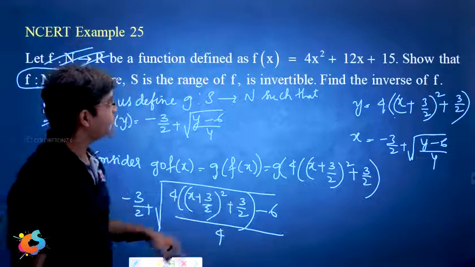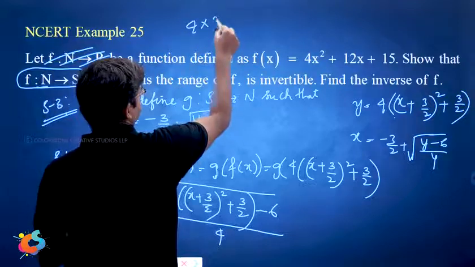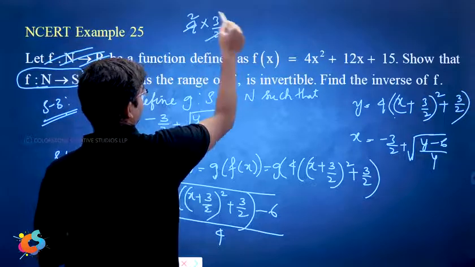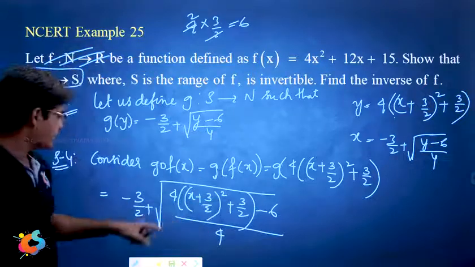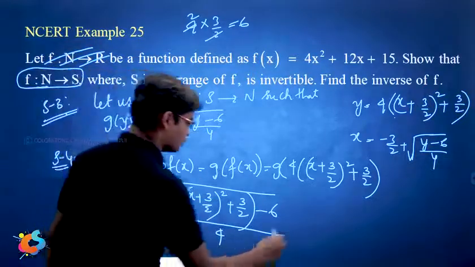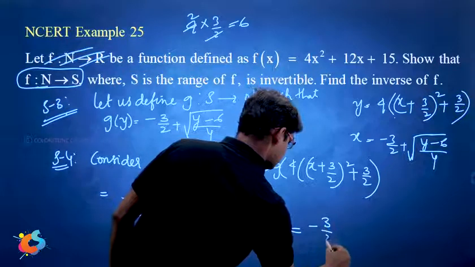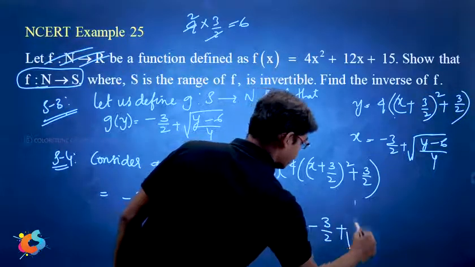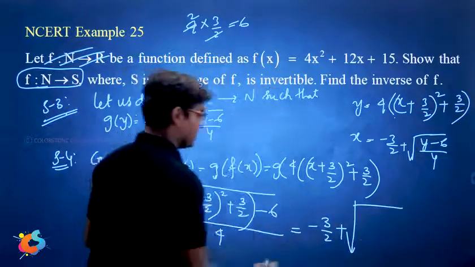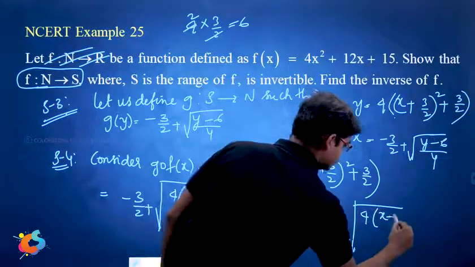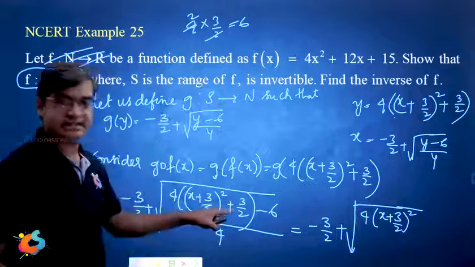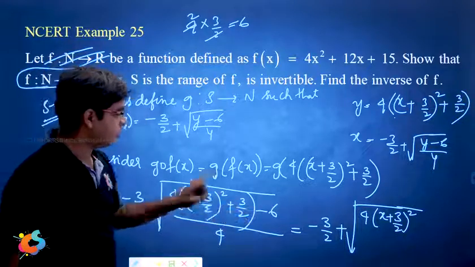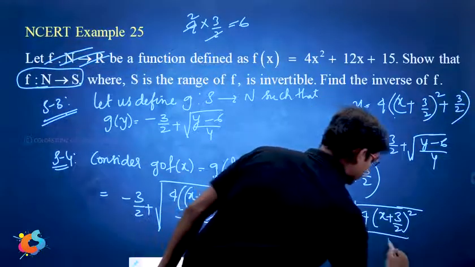So 4 into 3 by 2, that will be nothing but 6. So here we have 6. So therefore this 6 and this 6 will get cancelled, and this 4 and this 4 also will get cancelled. So let me show you. Under root of. So when you multiply inside 4 into x plus 3 by 2 whole square, and you will have plus 6 here and minus 6 is there here. So therefore they get cancelled, and divided by 4 is there.